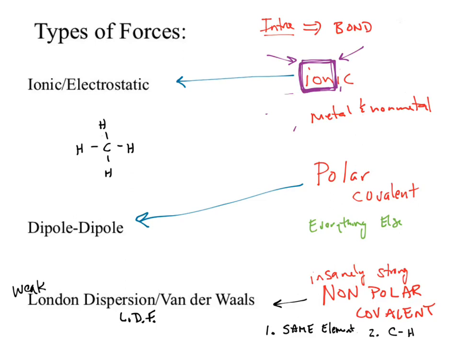So what we're looking at in our types of forces is we move from an insanely strong attraction counterclockwise up through our list. London dispersion forces is still a force. Nonpolar covalent is still a force. But what we did is we subcategorized and said, those forces are so strong, I want to call them bonds. Those forces are so weak, I'm going to call them forces because I'm not creative.